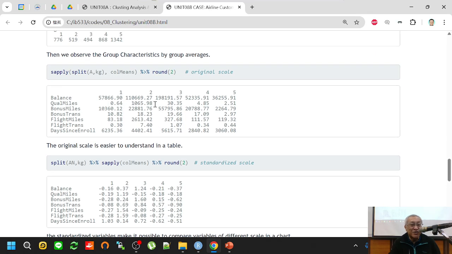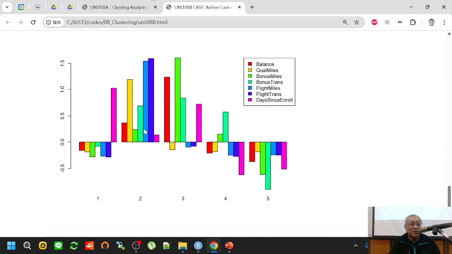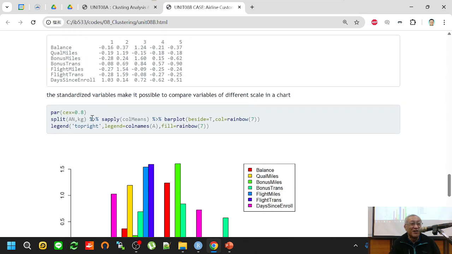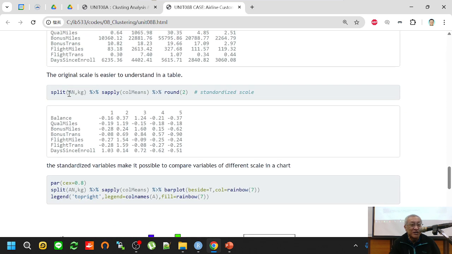If I plot them directly in the original scale, then this plot will be dominated by the large scale, and the small scale you can barely see them, right? So that's another advantage when we use standardization.